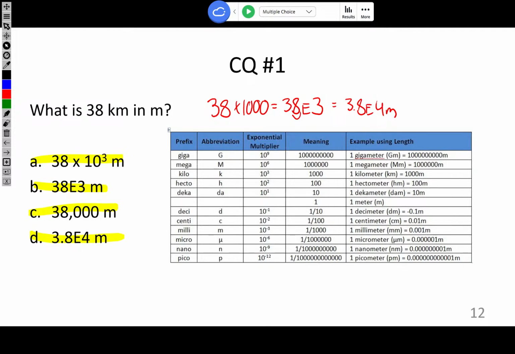Now, I say that a lot of your stuff will be multiple choice. So if there's one right answer, you do need to recognize that all 4 of these are the same number. That is a skill, to be able to take your answer and recognize that even if it doesn't look exactly the way you wrote it, say you found it was 38,000, but the answer choice was 38 times 10 to the 3, then you recognize those are the same thing.